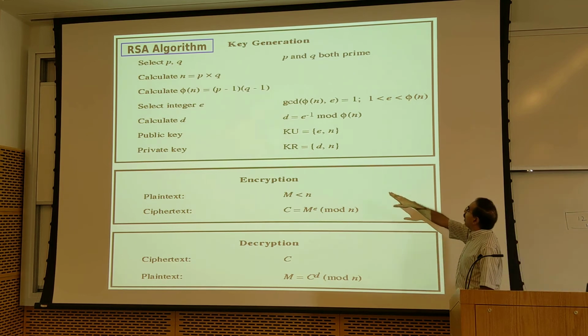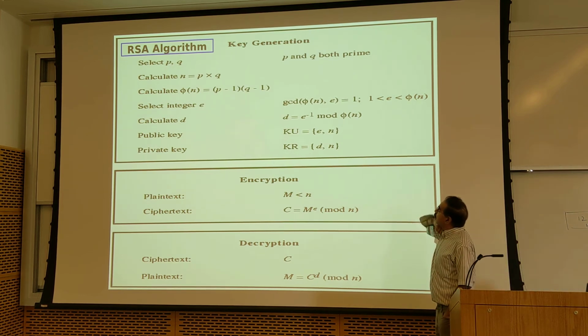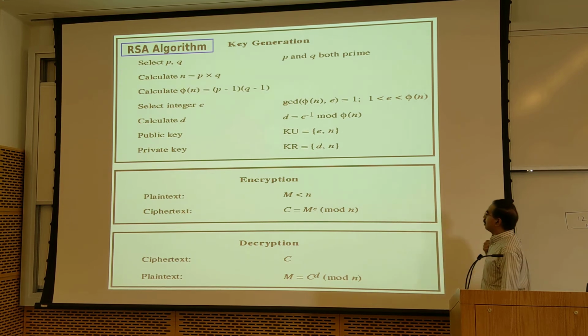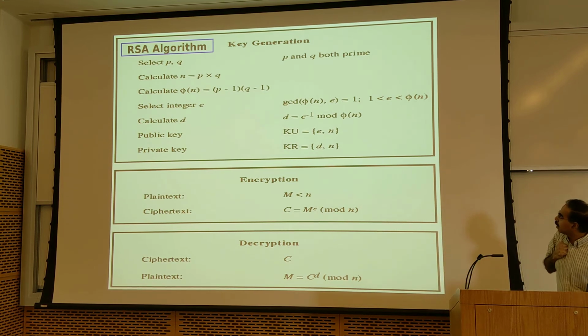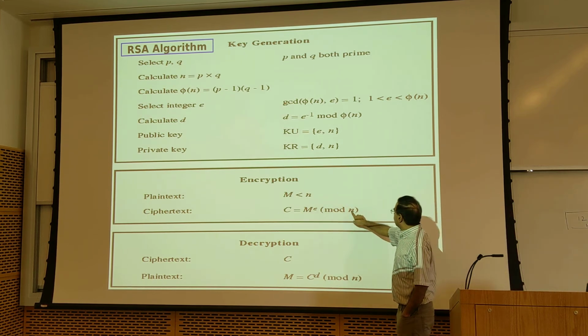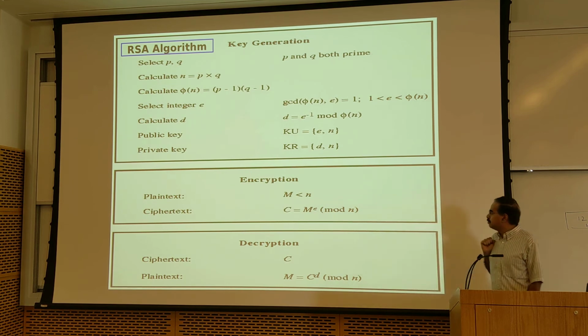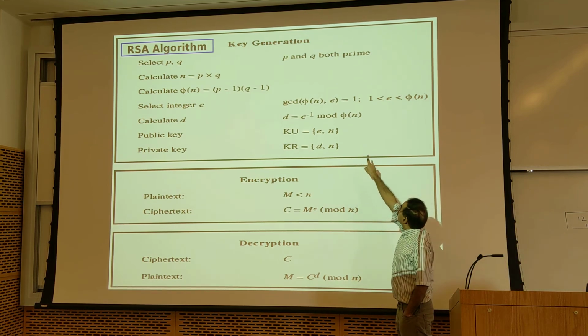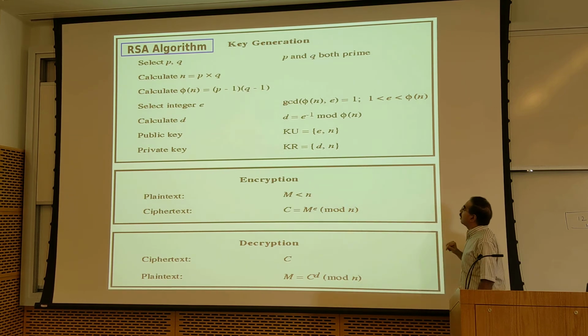And this phi of n becomes the base that we talked about in the previous chart. No, I'm sorry, no. The n remains the base for the modulo arithmetic, but phi of n is used to calculate d given an e.